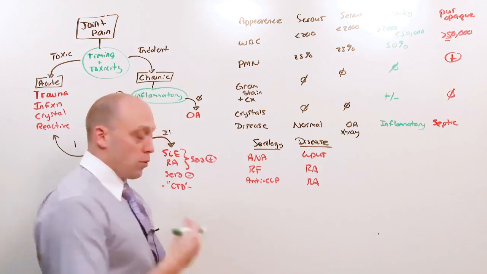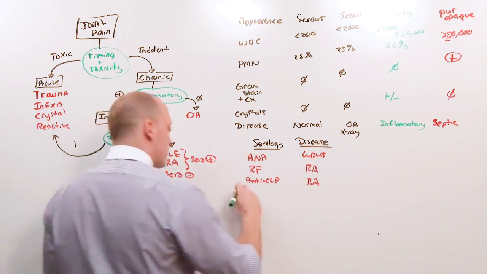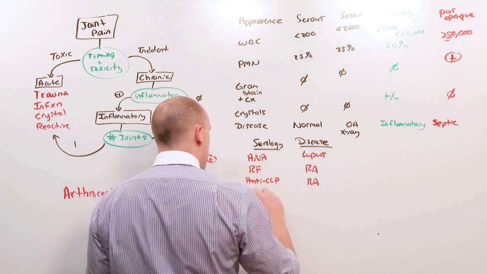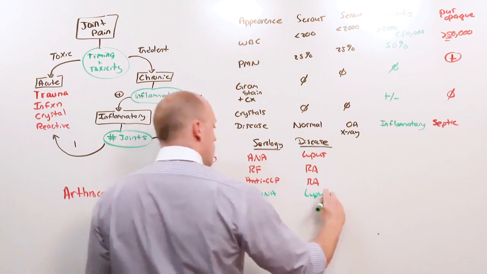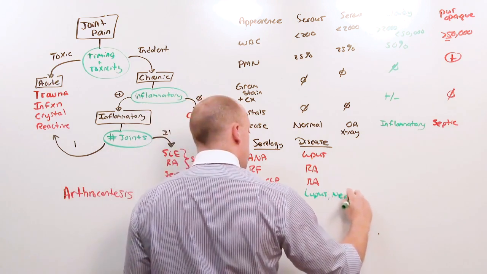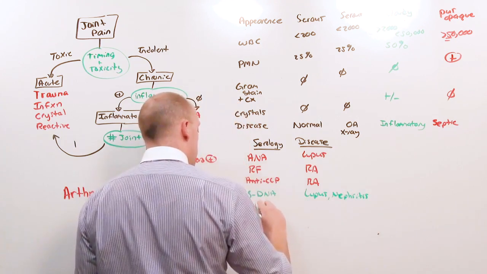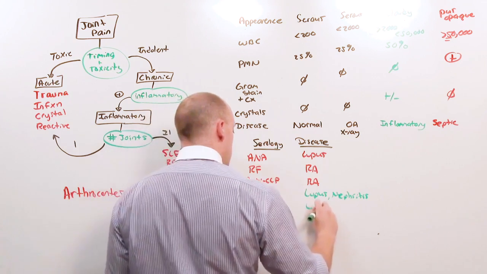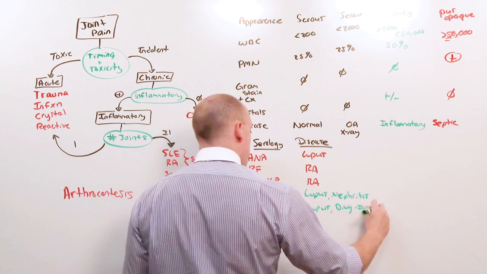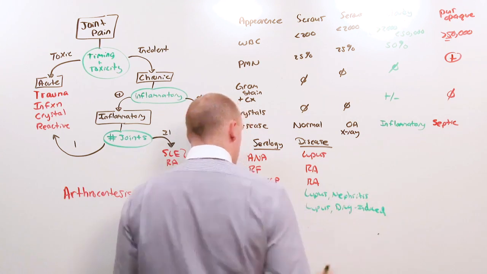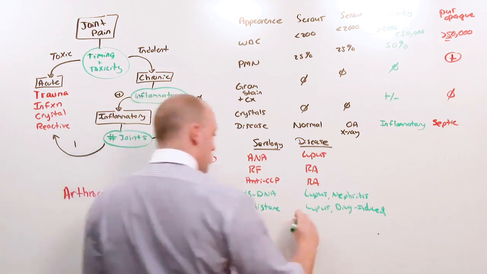The next four are worth committing to memory, but are not going to come up all that often. That is, the double-stranded DNA is specific for lupus, also lupus nephritis. Antihistone antibodies, lupus, but drug-induced. And then the next two are kind of annoying because they're both scleroderma.